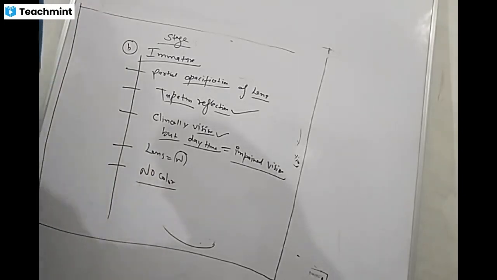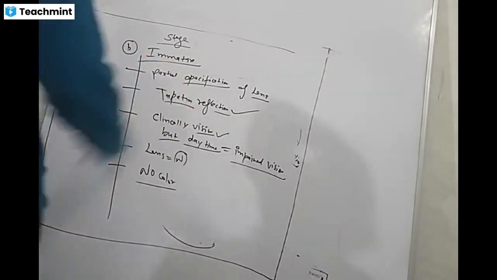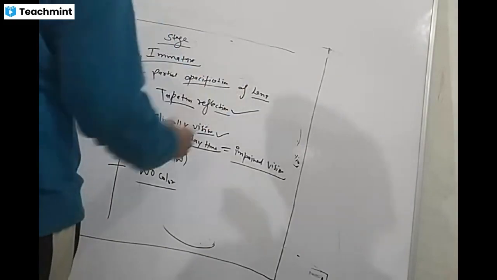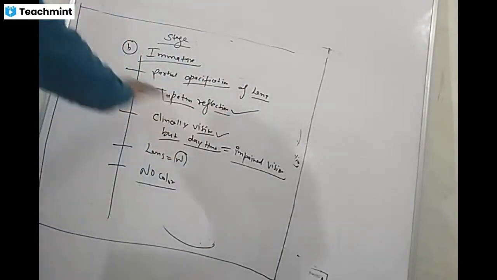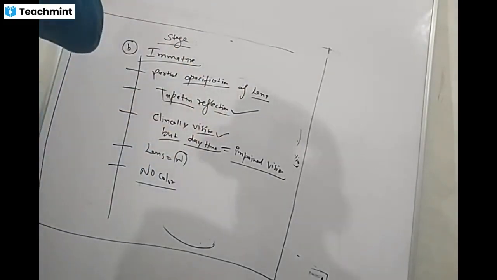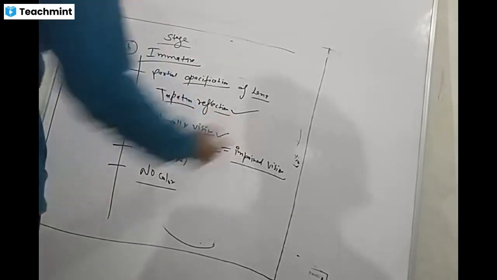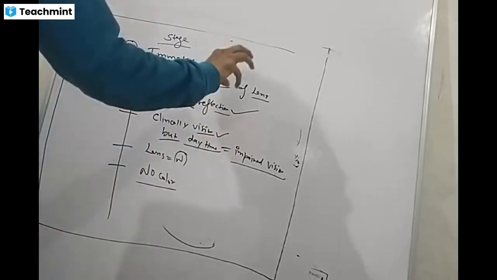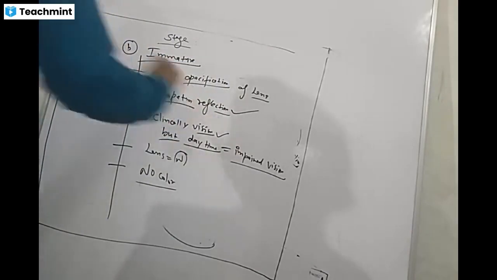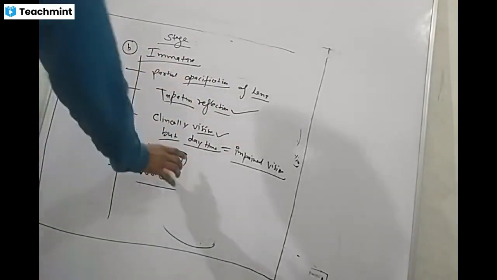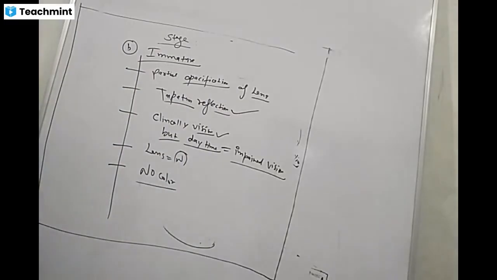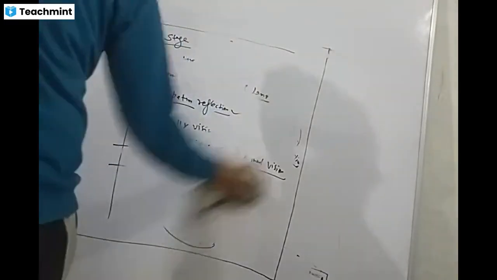So these are some features of the immature cataract where the lens starts opacifying. Vision is there, but it is impaired during daytime, and if you shine light on the eyes, then the tapetal reflex will be there. The lens is normal and has no further coloring.